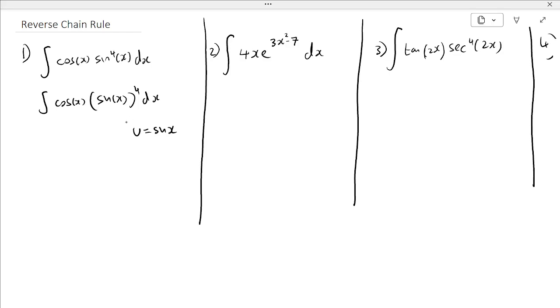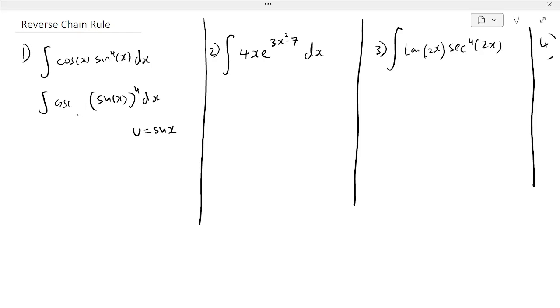The only rule here is that the derivative, in this case the cos, has to be multiplied inside the integral symbol. So if this was something like 1 over cos x or sine x divided by cos x, that doesn't work because the cos is not multiplied. If it was cos x plus something, this would not work, it's not multiplied.